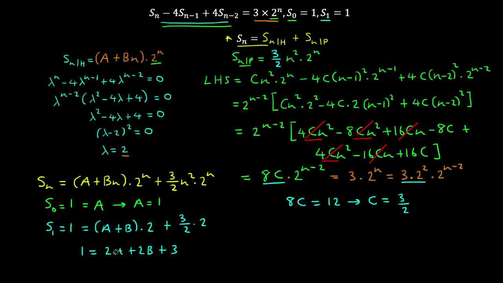And if you substitute A equals 1, we get B is equal to minus 2. So therefore, our solution is 1 minus 2n times 2 to the n plus 3 on 2 times n squared times 2 to the n.